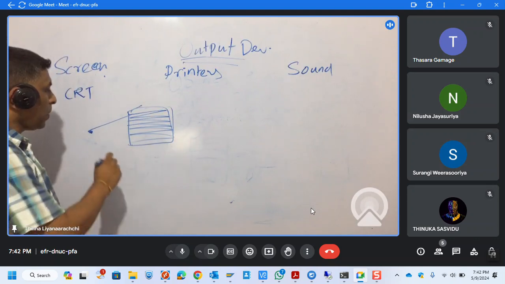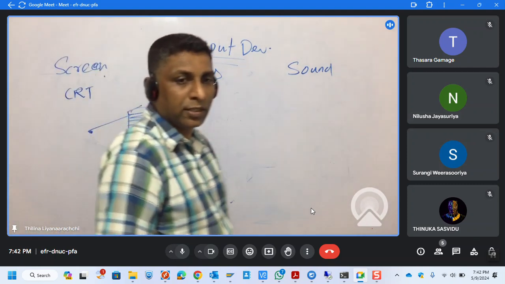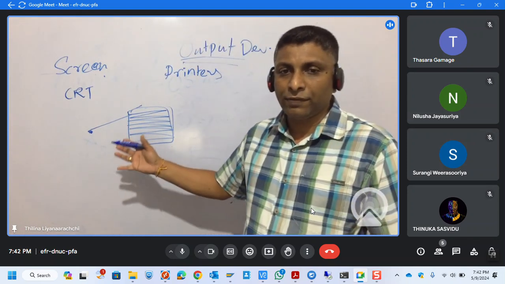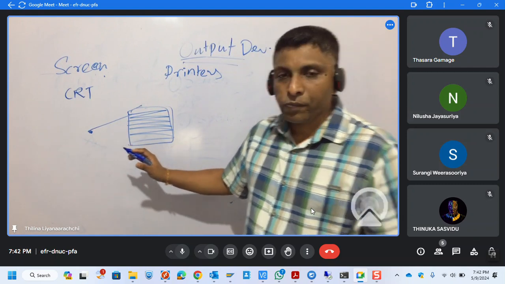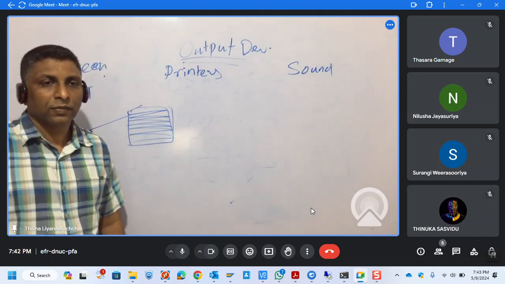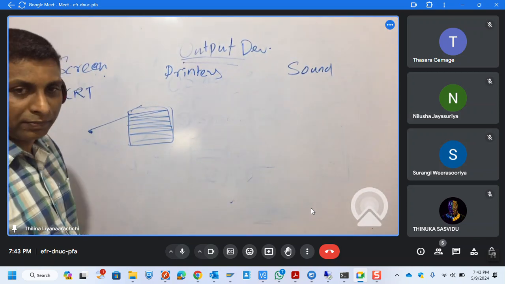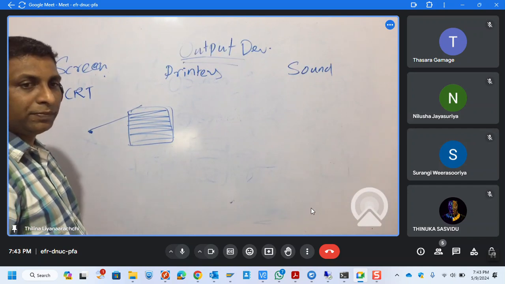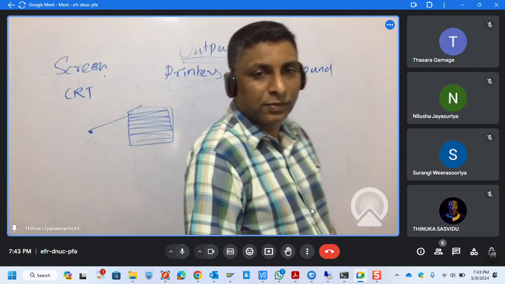So basically, what's the voltage? Our regular voltage in our country. Some countries have different voltages than Sri Lanka, but what's the voltage we use? Our household voltage.